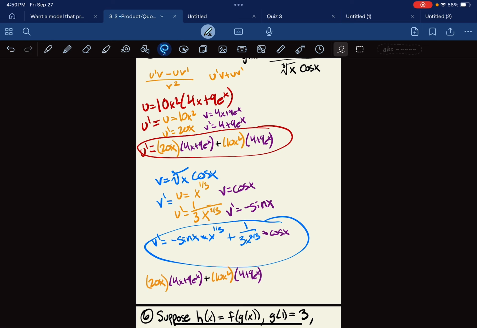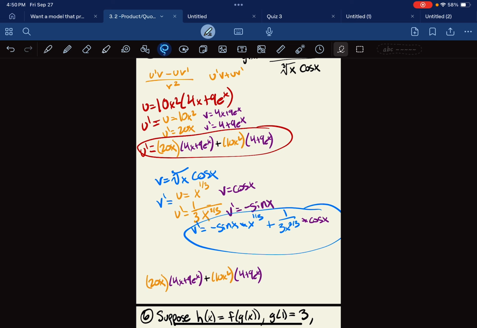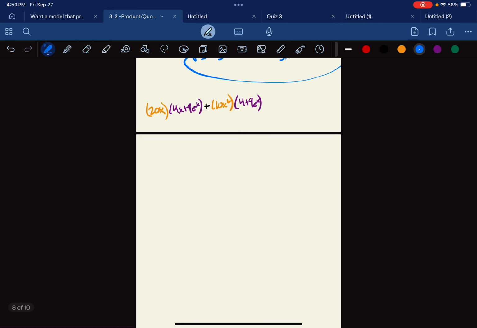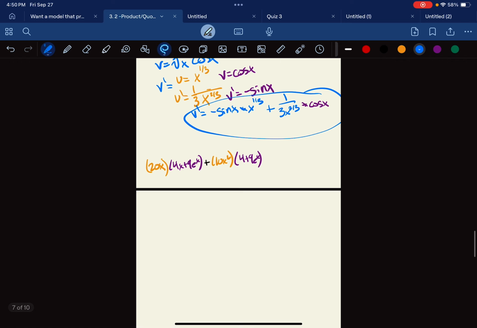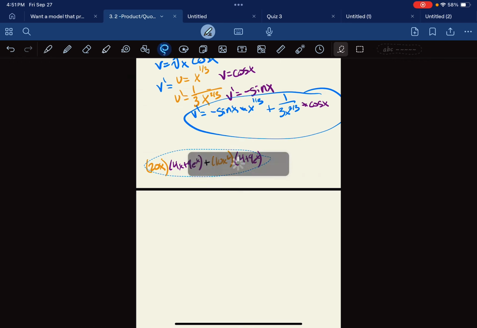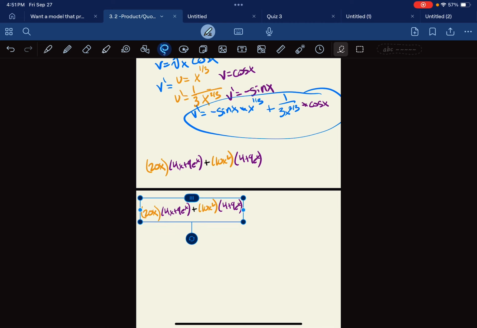I'm actually going to move this thing up a little bit. So that's our u prime. I'm actually going to add a new page. As you can see, this gets really messy. So this is our u prime.